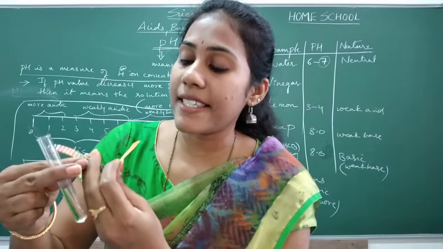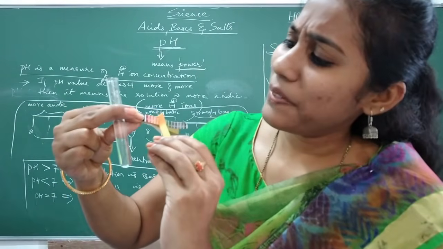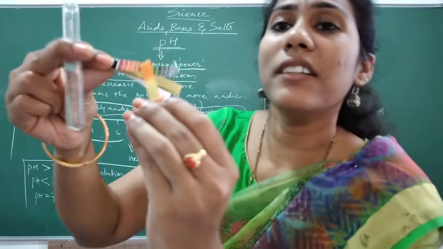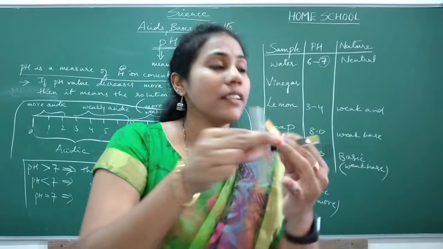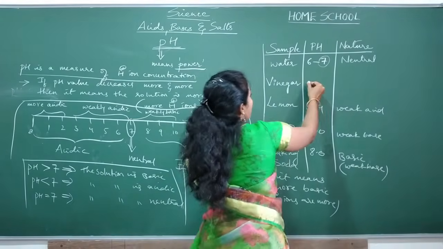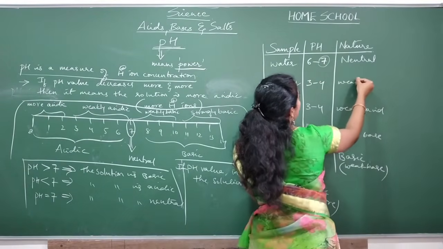Vinegar has acetic acid. Okay. Match with the color. And here also it is showing the color between 3 to 4, isn't it? So vinegar is also showing the value between 3 to 4. 3 to 4 in the sense weak acid.